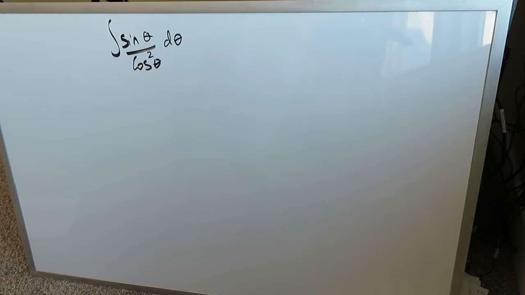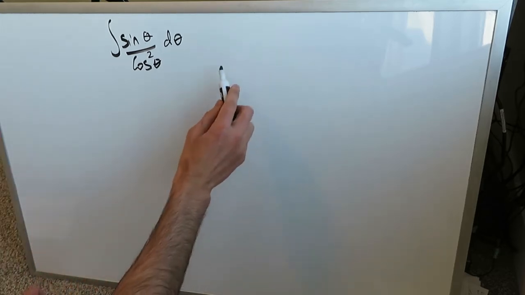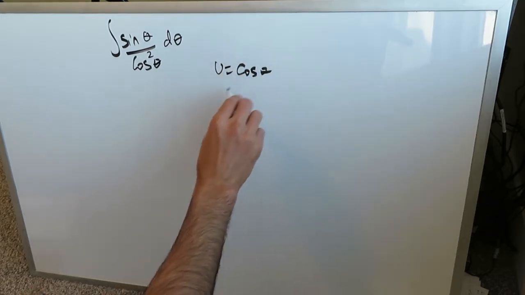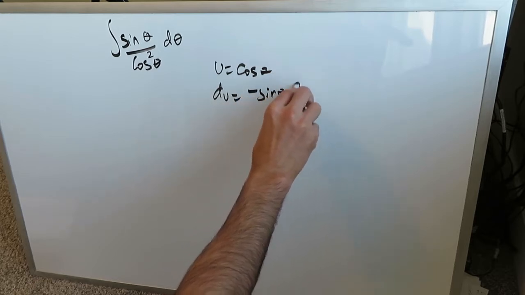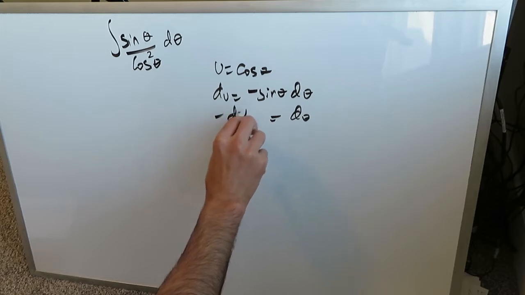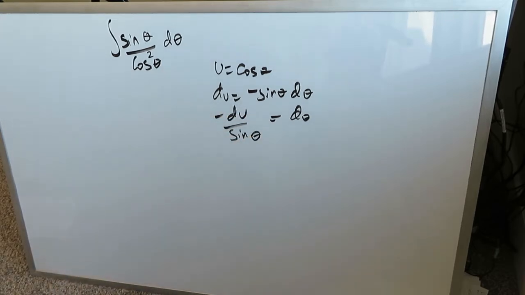This is one of those questions where you have a trigonometric substitution technique disguised within a basic polynomial substitution. So if u is equal to cosine theta, then du is equal to minus sine theta d theta, and you know d theta is equal to minus du divided by sine theta, and you would go with this form over here.